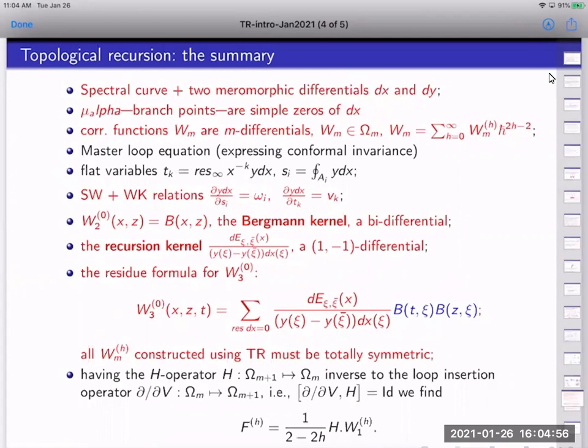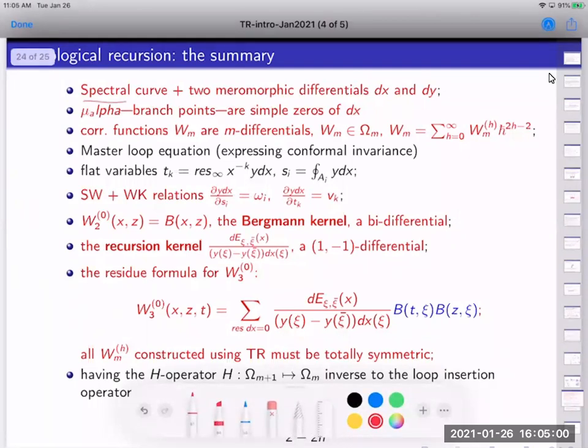So recall that it starts always with the spectral curve and a set of two meromorphic differentials. Then we have the branch points, and the assumption is that these branch points are actually zeros of dx, and that all zeros are simple.